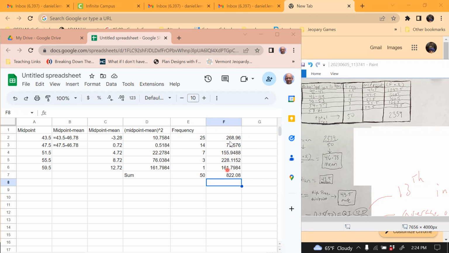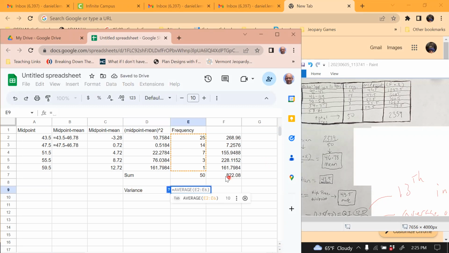Now I'm going to add up all those squared differences and all those frequencies. To get the standard deviation, we take this number and divide it by 49. That'll be the variance. That number divided by 49, because it's 1 less than the 50.